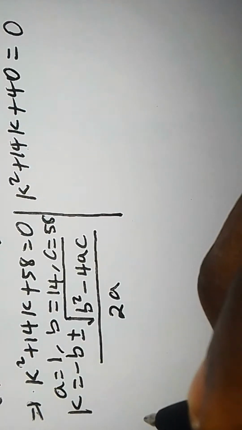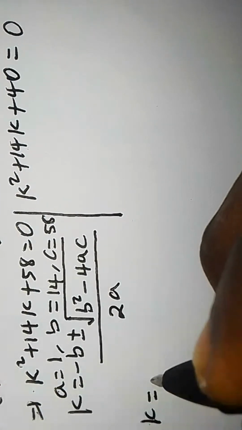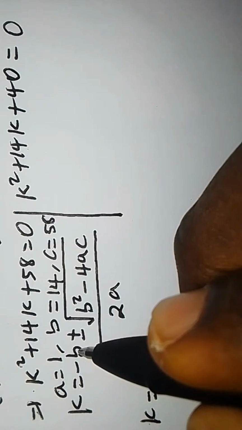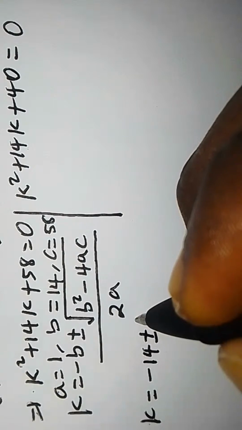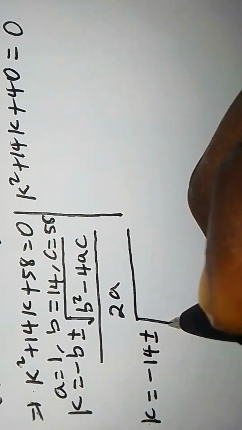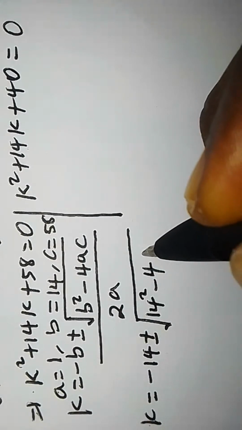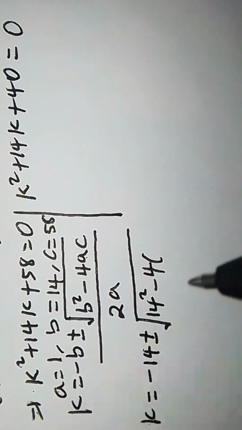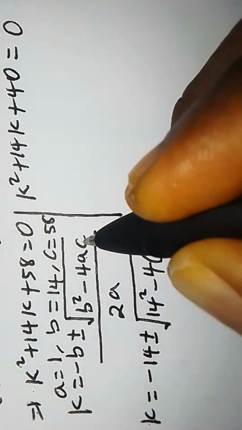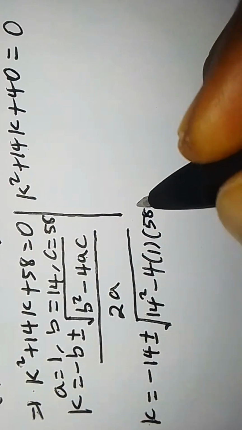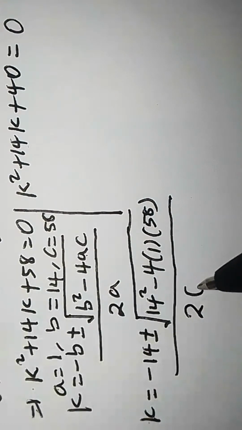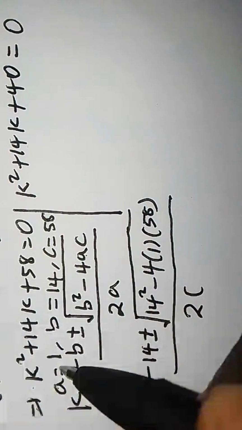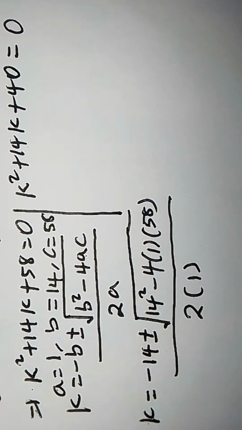Let's proceed further. k equals minus, what is b? b is 14. 14 plus or minus the square root of 4 into a, which is 1, and c is equal to 58, all divided by 2 into, what's the value of a? The value of a is 1. Let's proceed further.